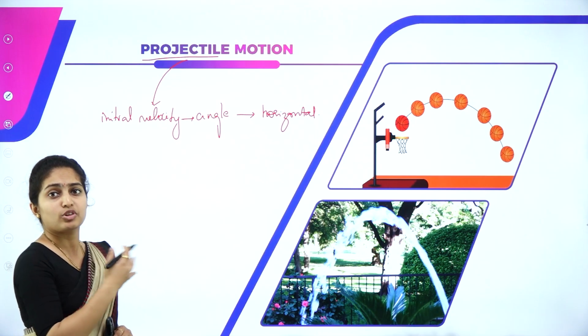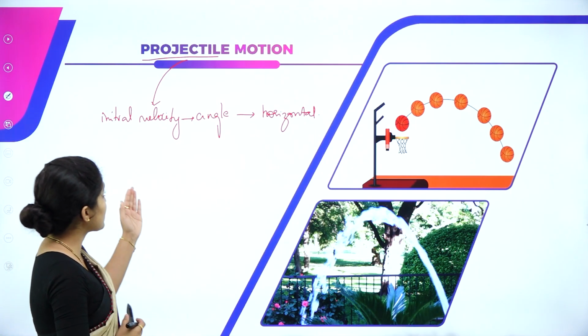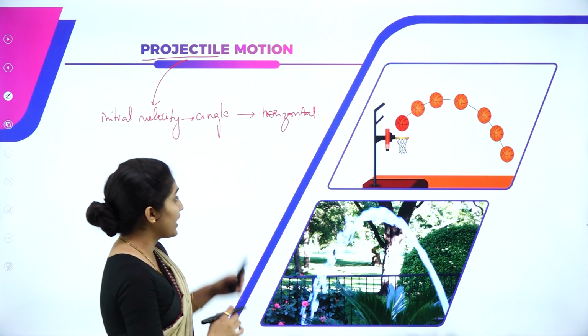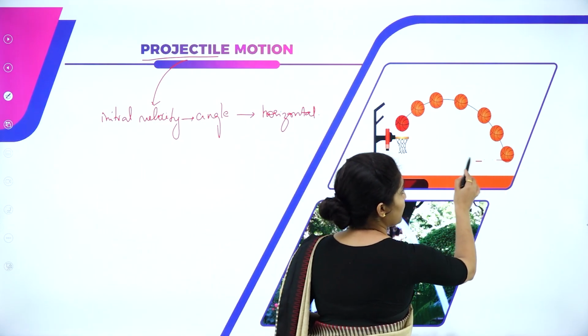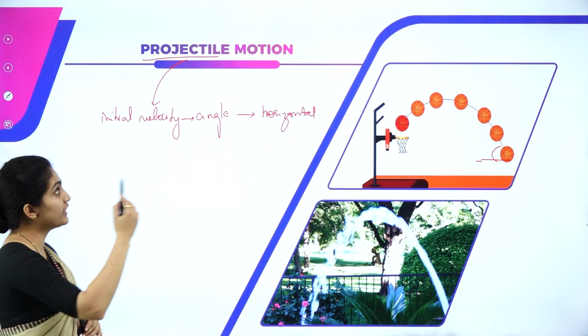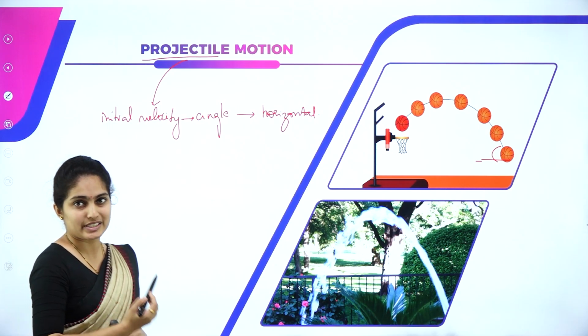That is the projection, and that is called projectile motion. It makes an angle with the horizontal component. So I hope you're clear with what is meant by projectile motion.